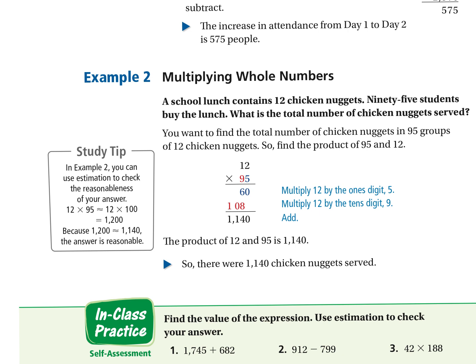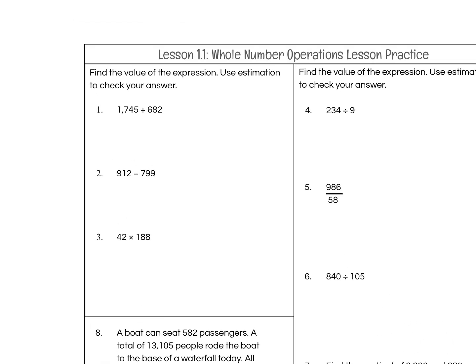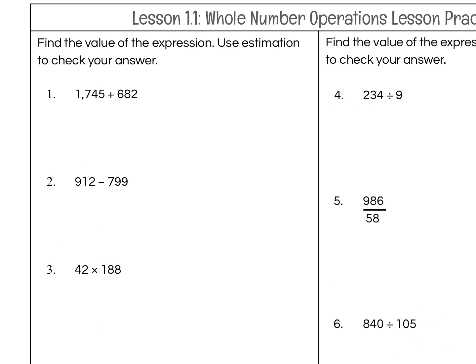All right, now in your journal, you have a page where you have examples from the in-class practice below. It says, find the value of the expression, use estimation to check your answer. So right now we're going to look at this page in our journal, and we're going to answer 1, 2, and 3 from the bottom of page 4 in our textbook.